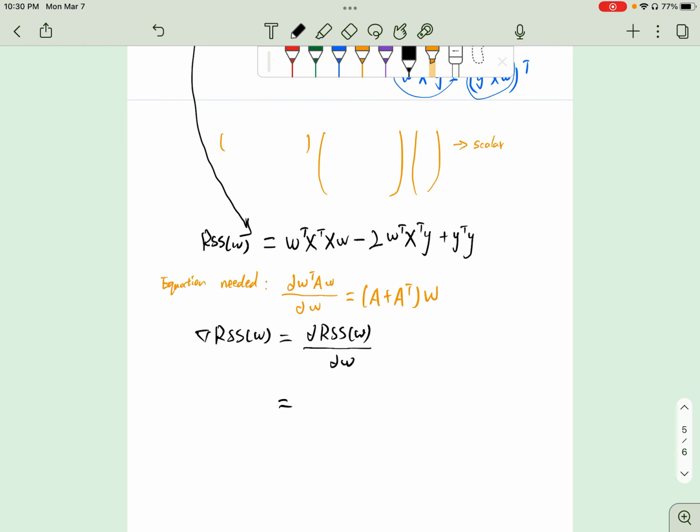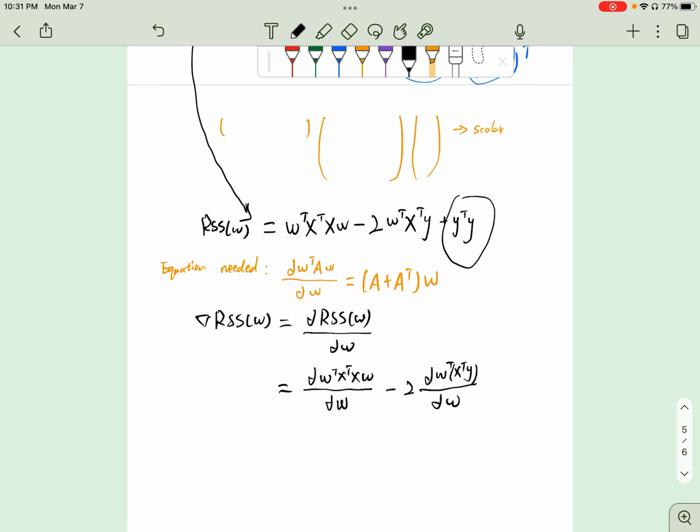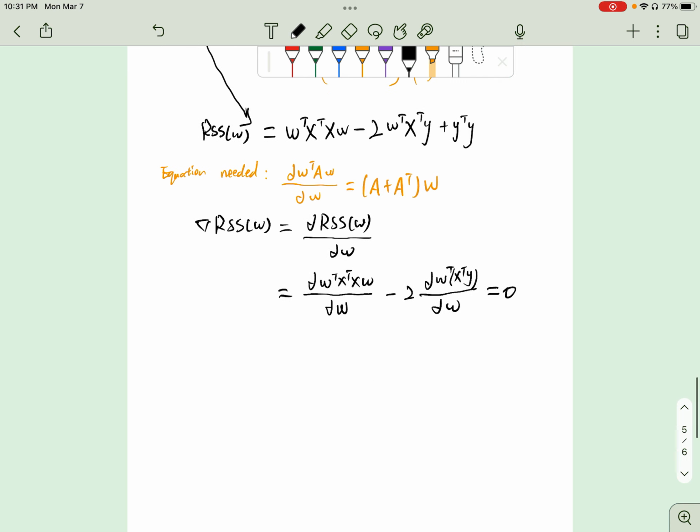I will first take the partial derivative of this omega term, and this over omega, minus, I put this 2 in the front, 2 x transpose y. I put a bracket here. So this one, because this y is not connected with omega, when I take a derivative over omega, it goes to 0. And we will set it to 0 here.